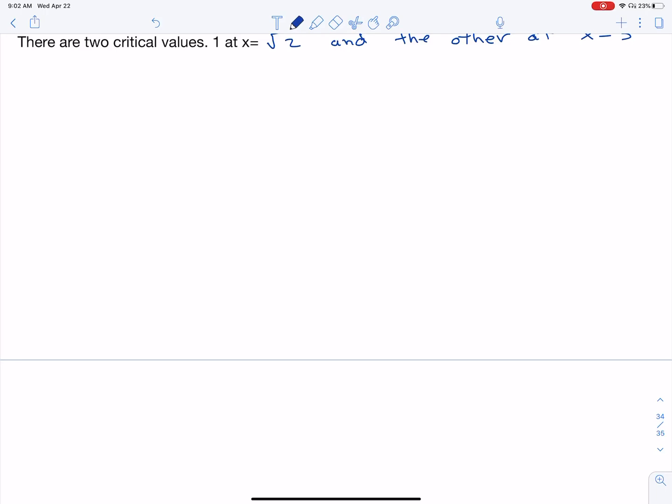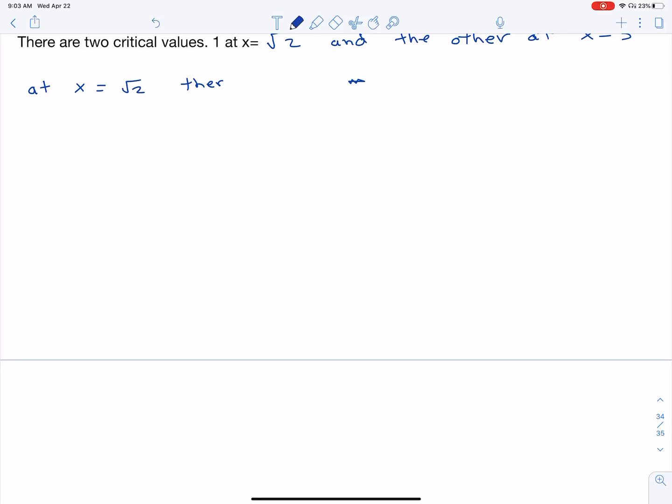I found my two values, so I'm going to say at x equals root 2 there is a maximum. Whoa, why did that happen?